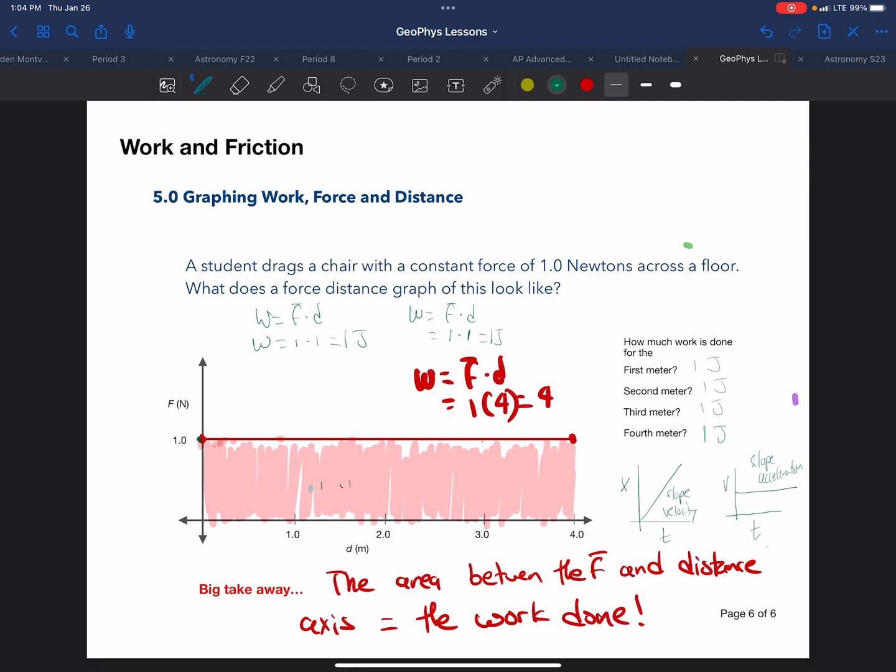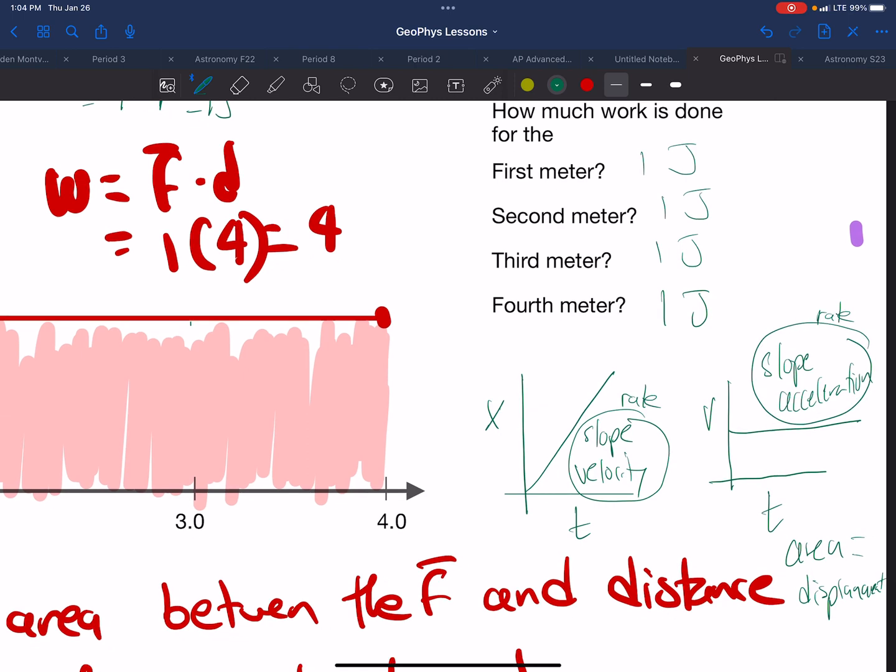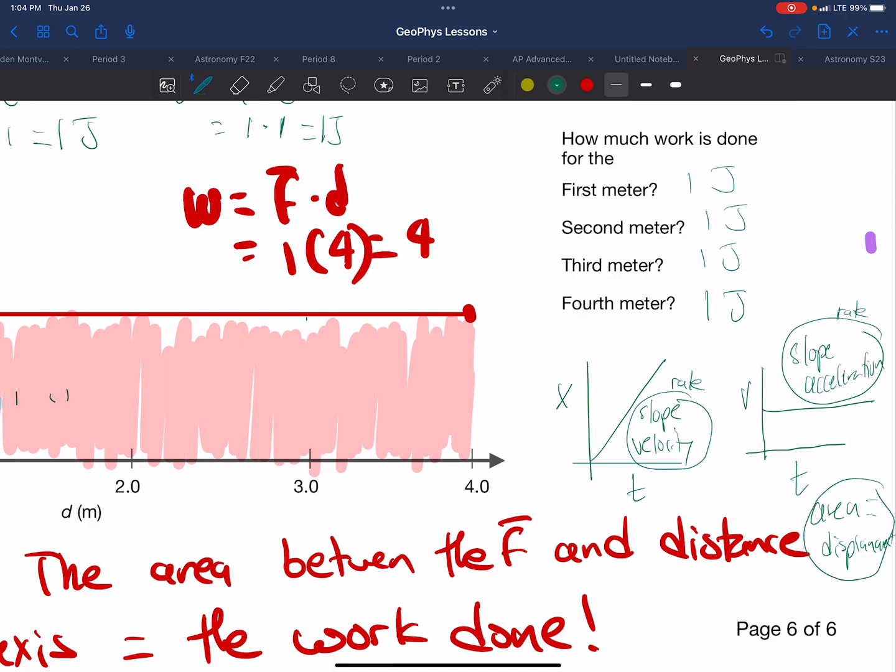But it also turns out that the area equals the displacement. We have slope, which is a rate. And we have area, which is an amount.